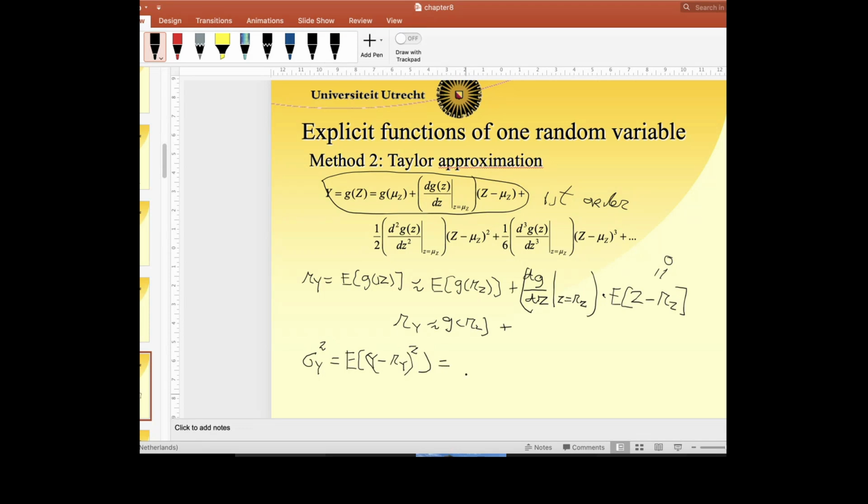So what is this? If we look at the first two terms and we subtract the mean, then we get rid of this one. So we only end up with this term.